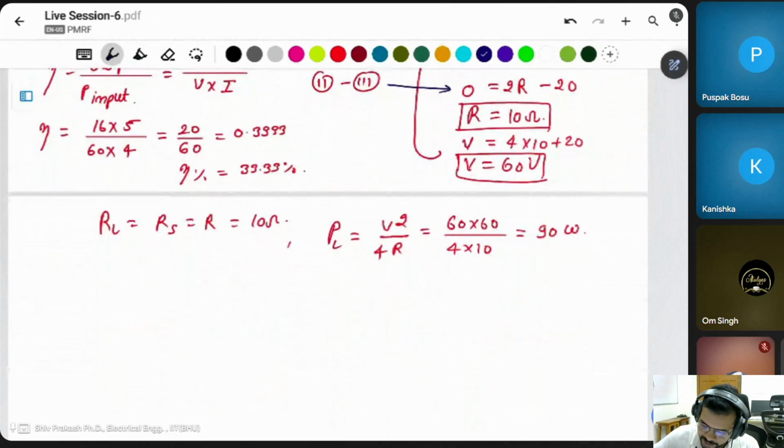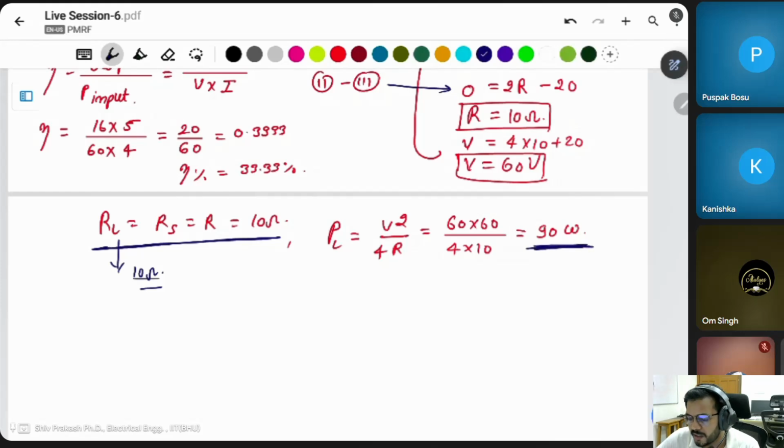If you take RS as 5 ohm, and RL, sorry, if RL is a 10 ohm resistor, in this case you get a final efficiency of 50% only. And the maximum power is 90 watt.